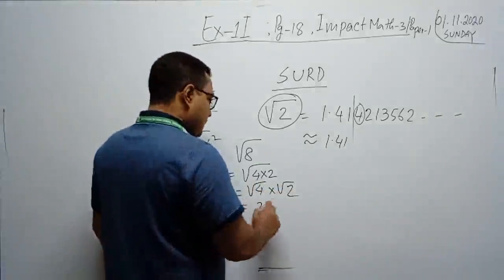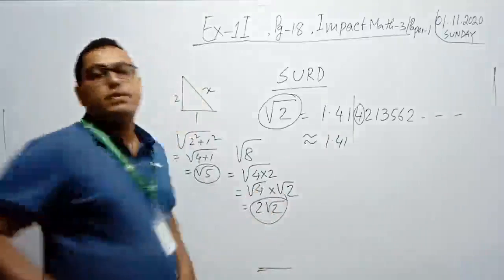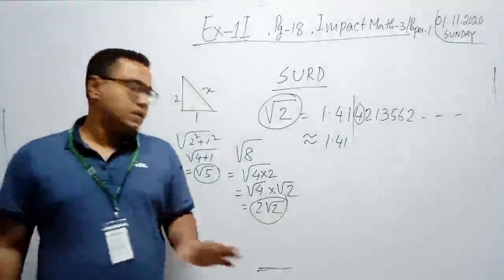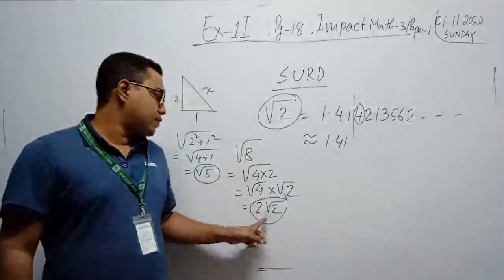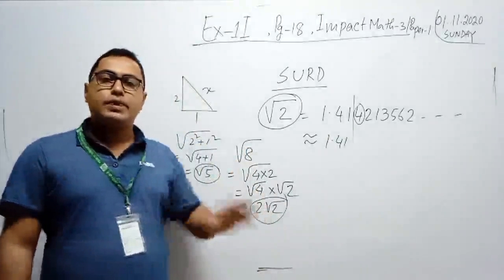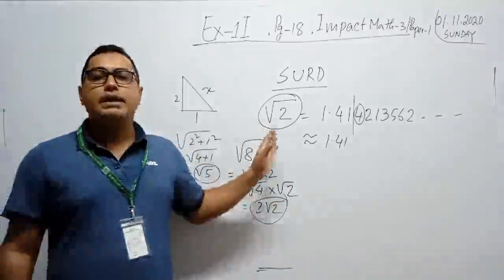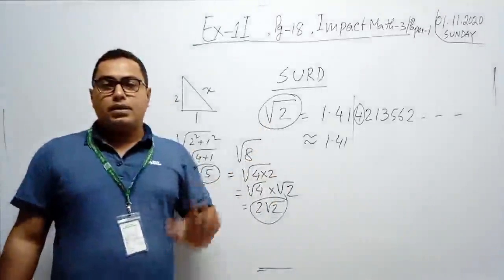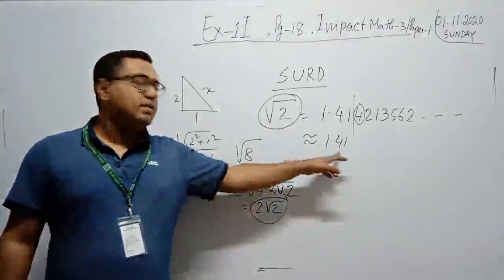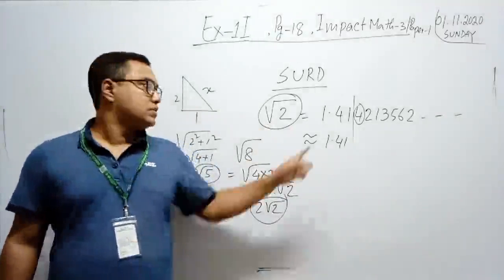Normally using a calculator we get it like this. This is a form of surd, the exact value, the simplest possible surd. So what is surd? Again, think about it. Square root of any number, if we make its decimal values, we will not get the exact value. Suppose this one.